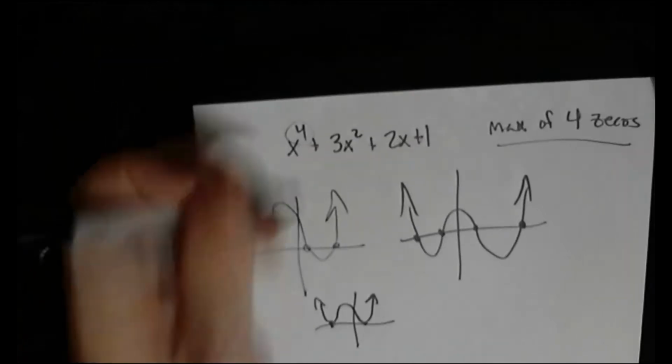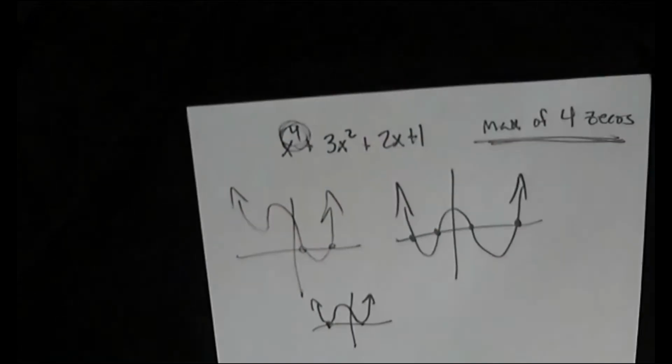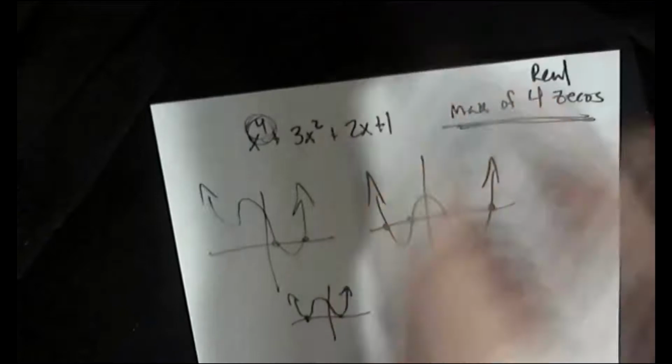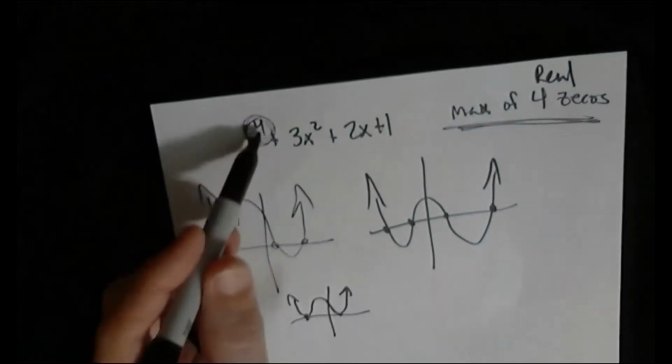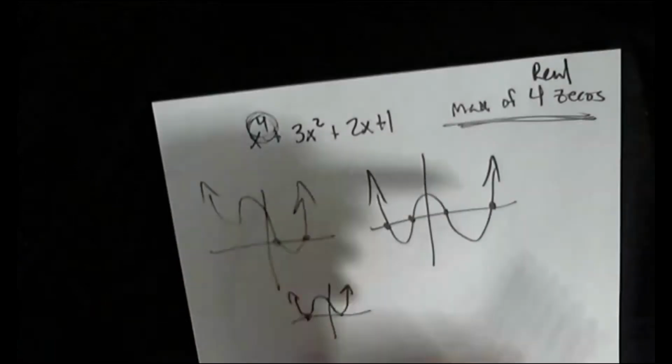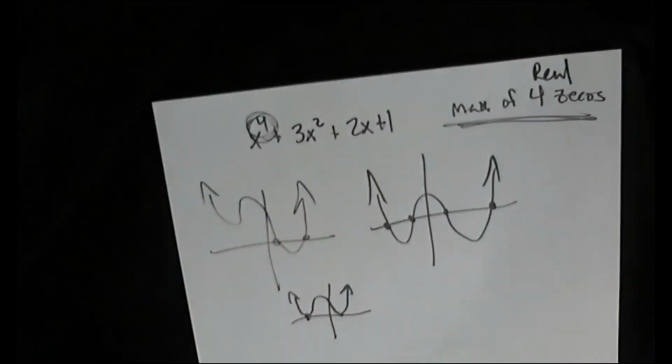This is a repeated 0, and I'll show you what causes that. But anyway, the degree of your function tells you the maximum number of possible real zeros. So a fourth powered function has at most 4 zeros.